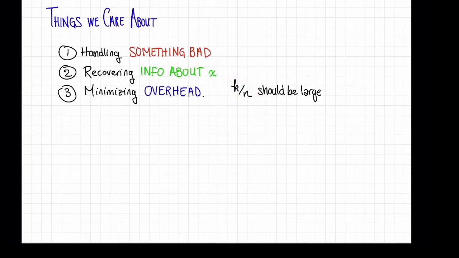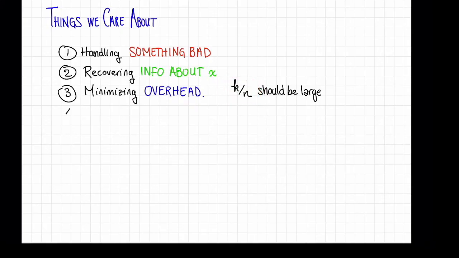We're not storing or sending that much more than we actually wanted to send or store in the absence of anything bad happening. On the other hand, if this quantity is really small, close to 0, that means that we are storing or sending much more than we originally wanted to store or send. So that's a lot of overhead. So what we want to do is minimize overhead, that is, maximize this quantity, get it as close to 1 as we possibly can.